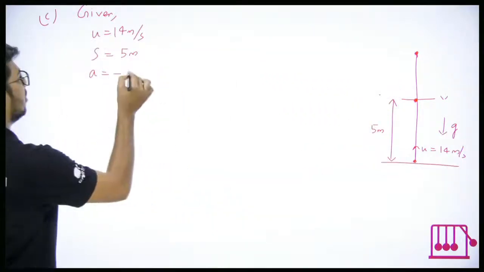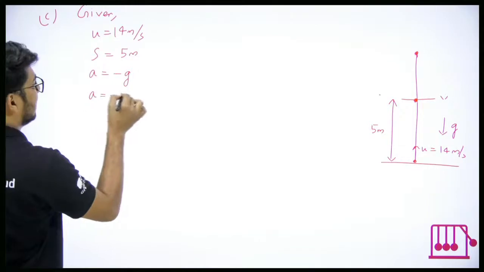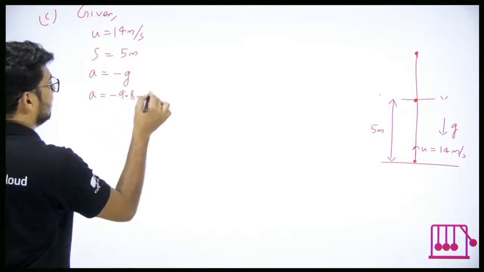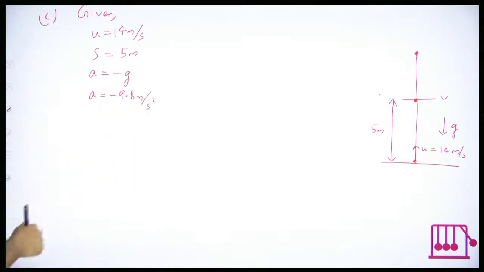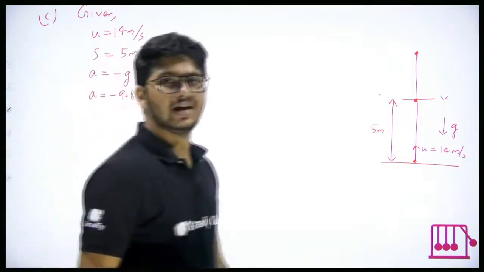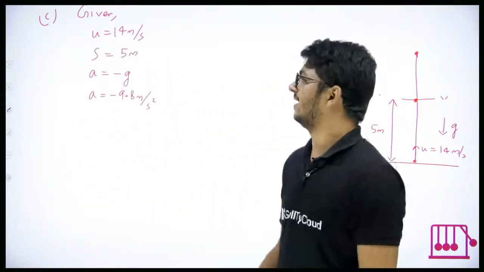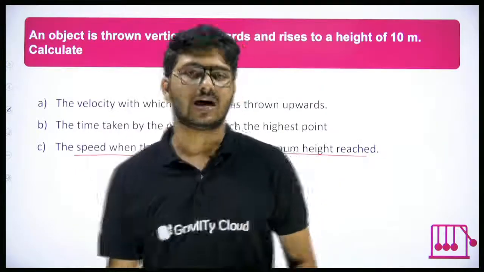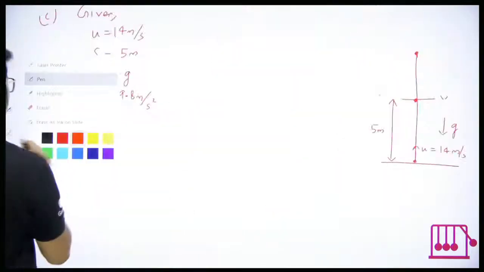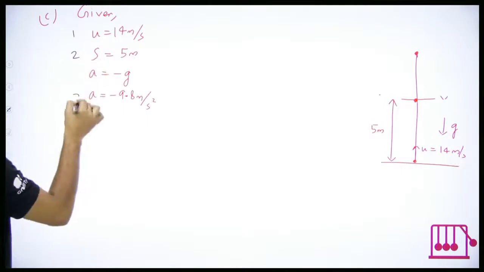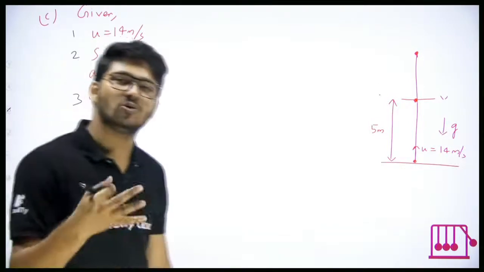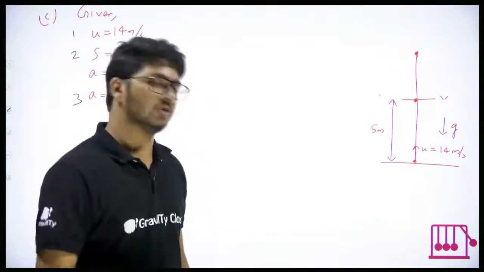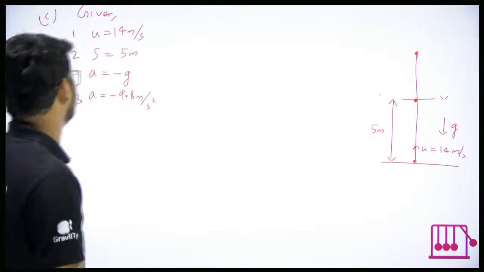So a is equal to minus g, we will take it as minus 9.8 meter per second square. So you have u, you have s, you have a. What we have to find out is the speed, yes or no? So again, how many quantities do we have here? Count them. 1, 2, 3. If you have 3, you will get the 4th one and 5th one. What is missing here?